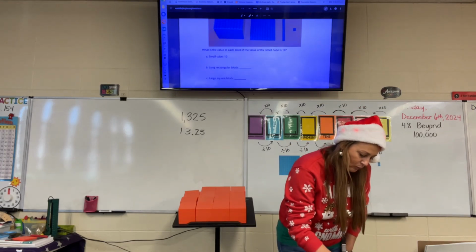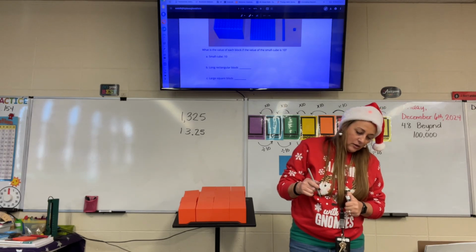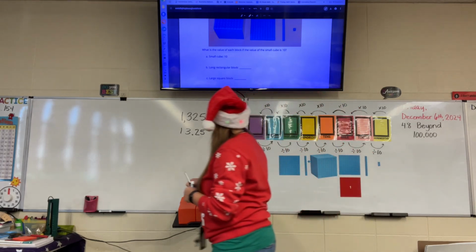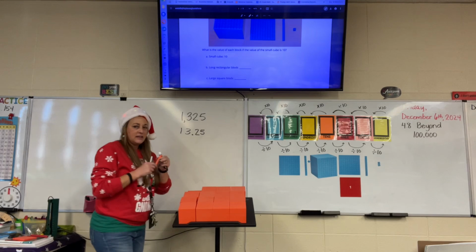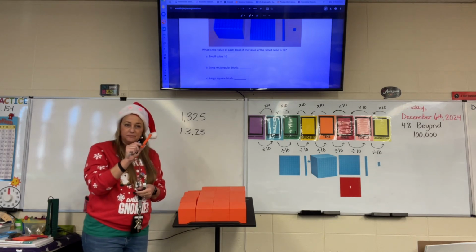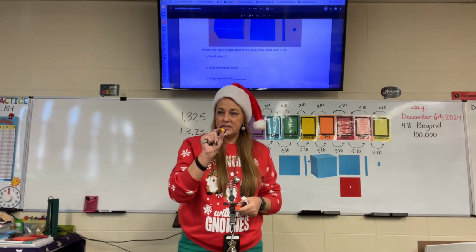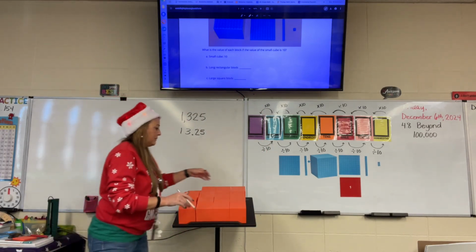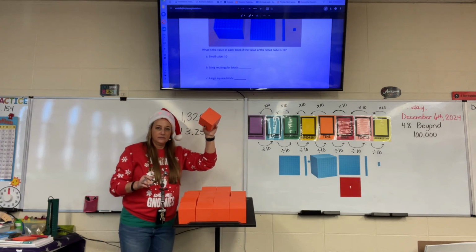It says, what about if we changed the value of each of these cubes? What if instead of using this as a 10, she wants to use this as a 10? Let's say that she does this, guys, because she doesn't have 15 of these, okay?